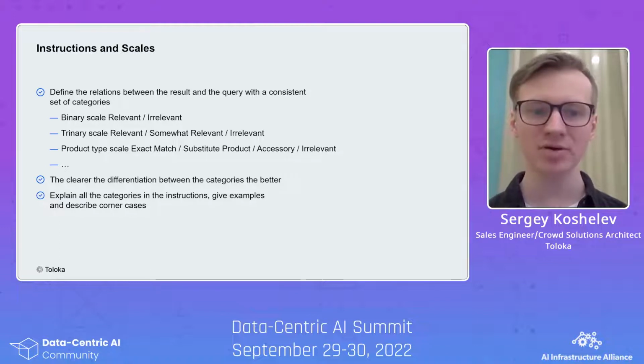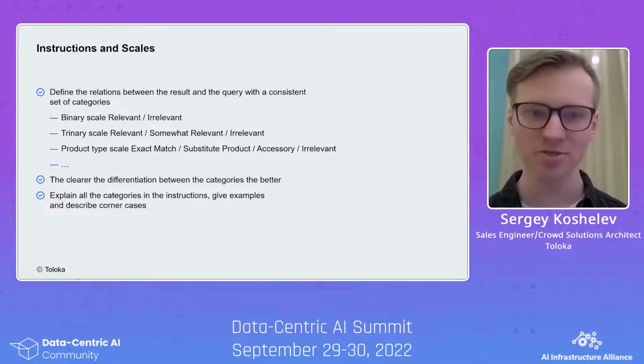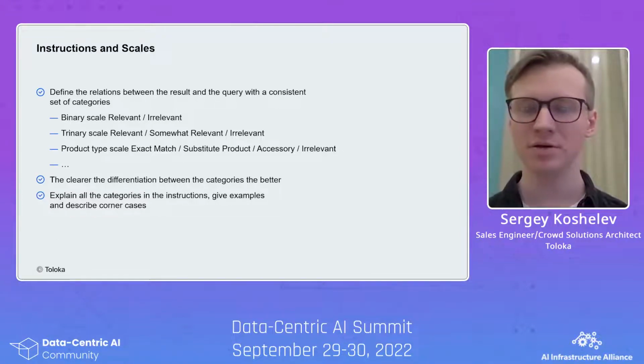And the clearer the differentiation between the categories, the better, because again, they should be very consistent and unambiguous to have high quality results. And naturally, you will have to explain all the categories in the instructions, give examples of such labeling, and describe some tricky corner cases.